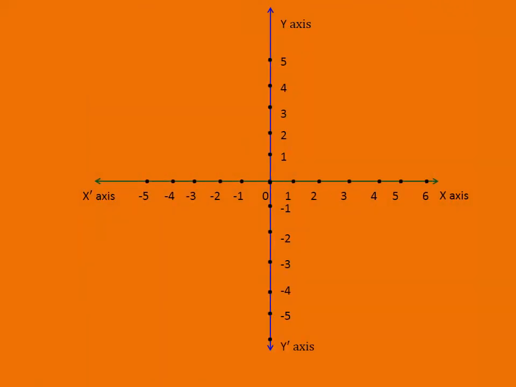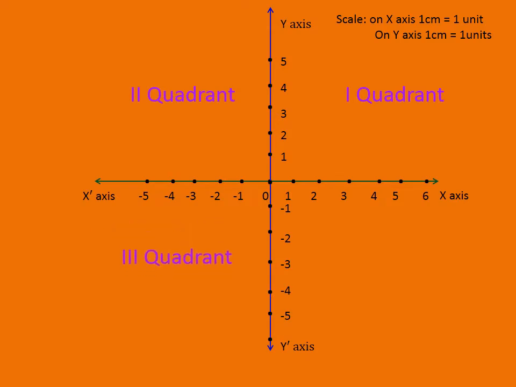Yes, we have got on a full page the XY plane, we call it the XY plane. And if the same is drawn on a graph, what happens? So scale, first quadrant, second quadrant, third quadrant and fourth quadrant.